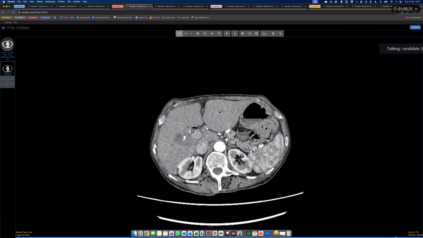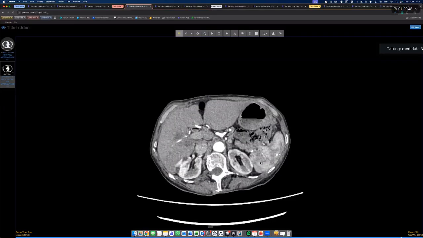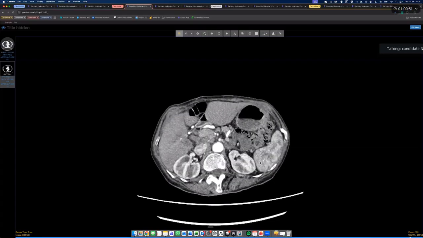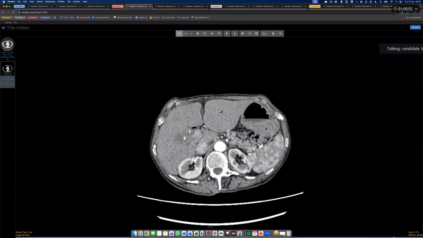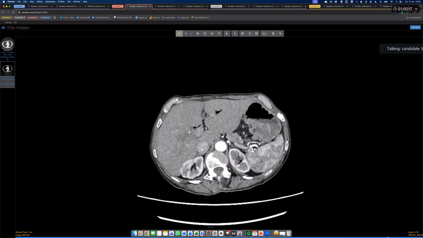Talk to me a bit more about that. So that could be a lesion at the common hepatic duct. Yes, there is an heterogeneously enhancing lesion in the region of the Klatskin tumor, in the region of the common hepatic duct.